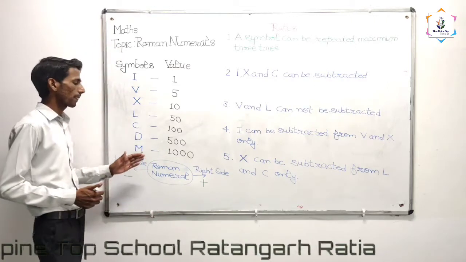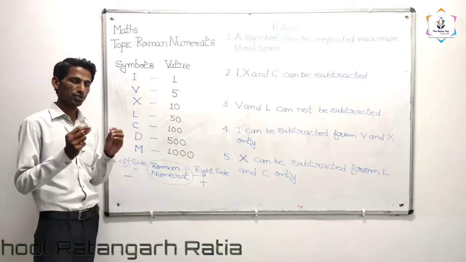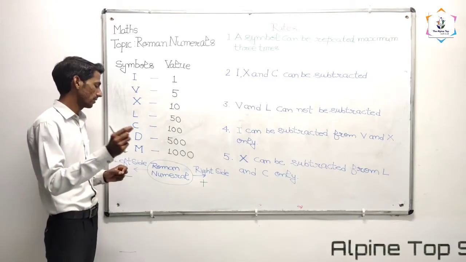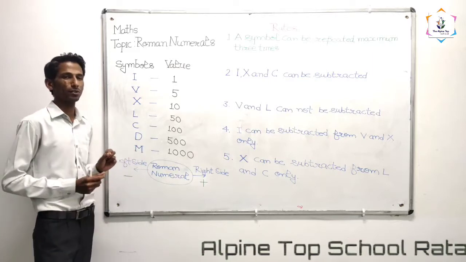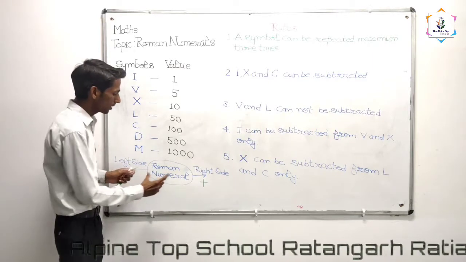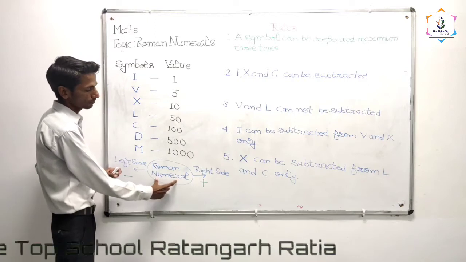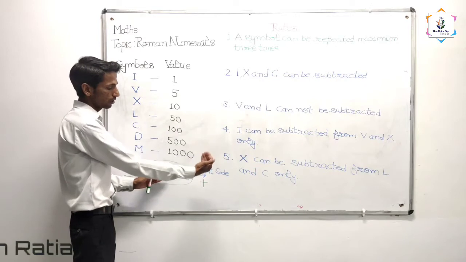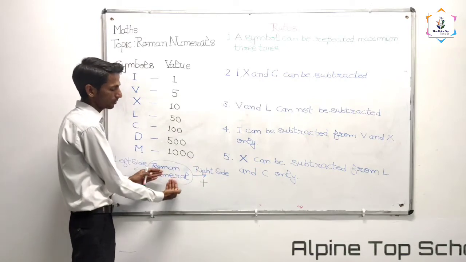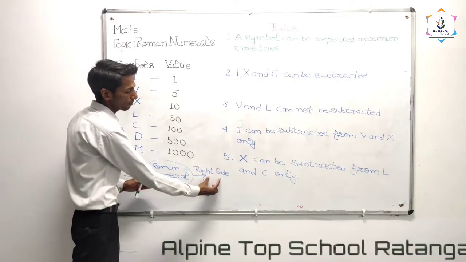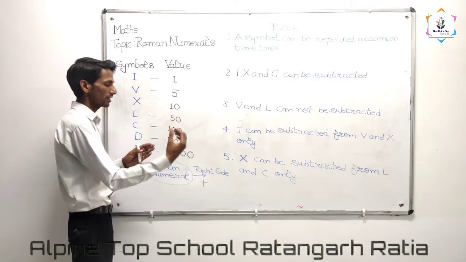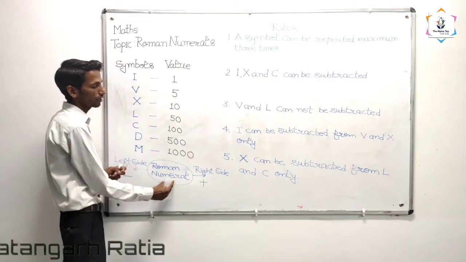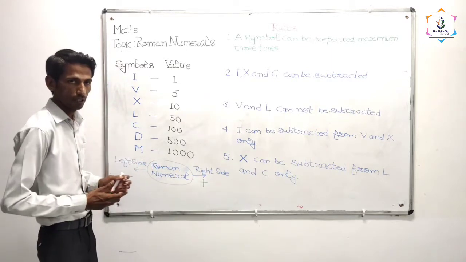Now students, after this you must know the most important task in the Roman numeral system. Just imagine we have noted any Roman numeral. If you want to write any other Roman numeral on the right hand side of the given Roman numeral, the value of that Roman numeral must be added to the given Roman numeral.